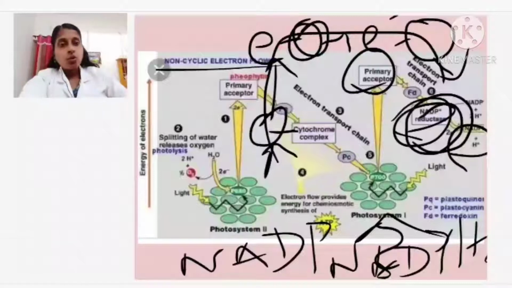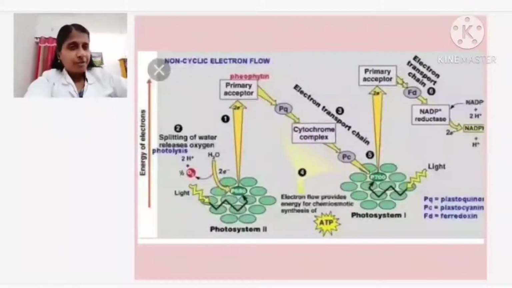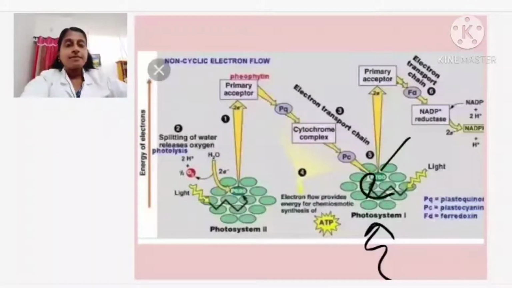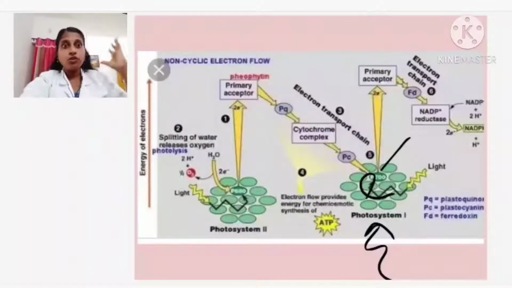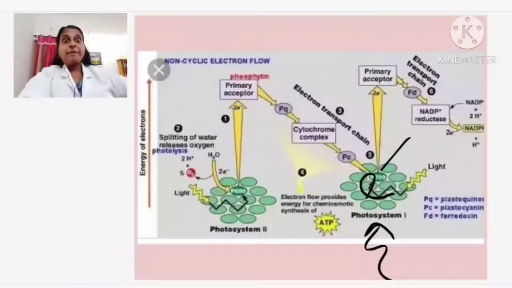Okay, so I repeat again, listen carefully. Bit difficult to understand, but not that difficult. Sunlight is falling on pigment system 1. The electrons are released when this excitation is taking place. Imagine I have got good news. I have got first rank. I am sitting with my friends, and I am getting excited.